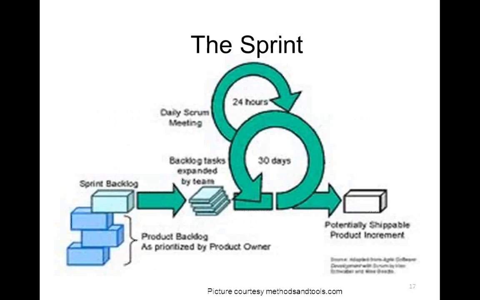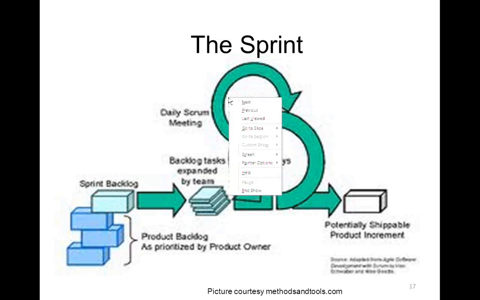Now, what is it that they are supposed to do? I have tried to explain it through this picture. On the left-hand side, you see the product backlog listed, out of which the sprint backlog is created from a part of the product backlog, and that is detailed out into a number of tasks. Then it shows the 30-day sprint.